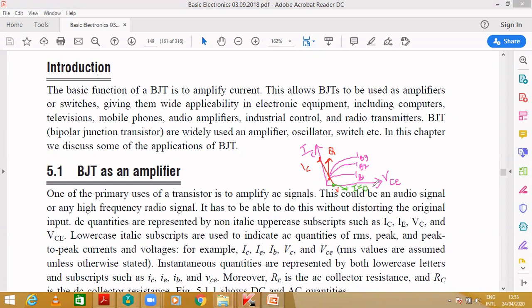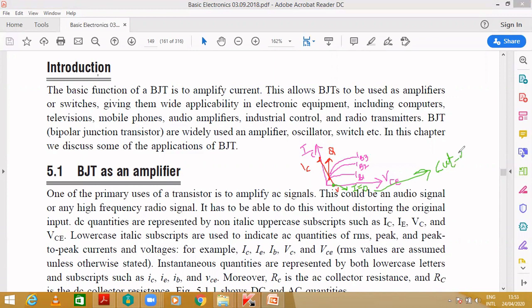When the current is 0, you already know Ohm's law, V equals IR, there is no current. And this region we will call the cutoff region.